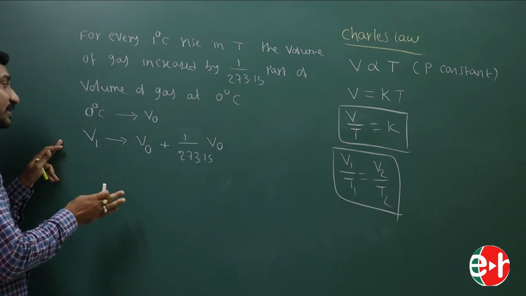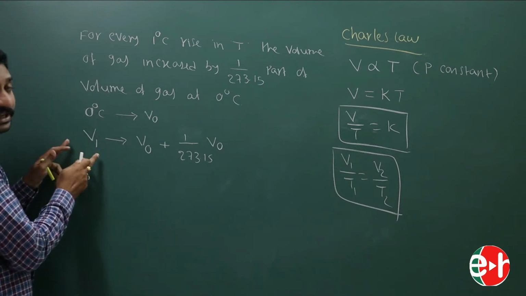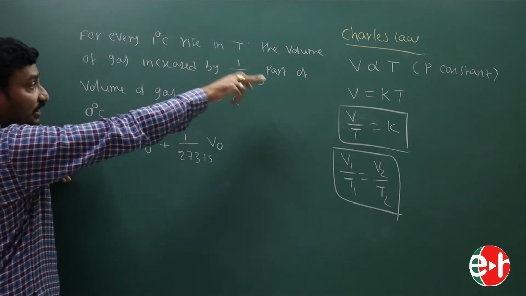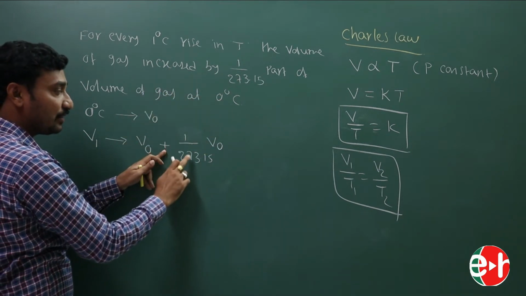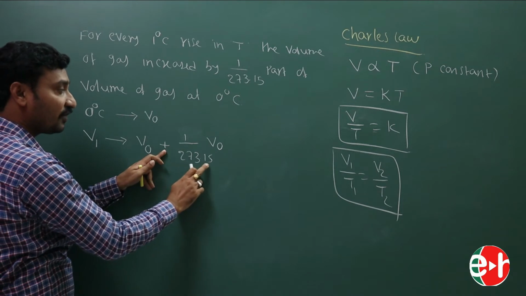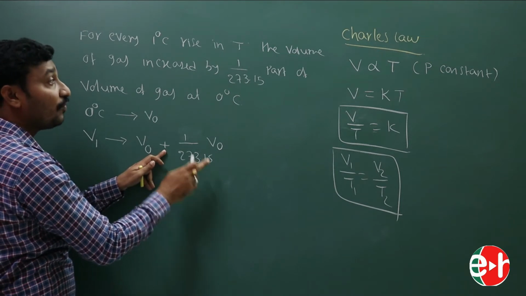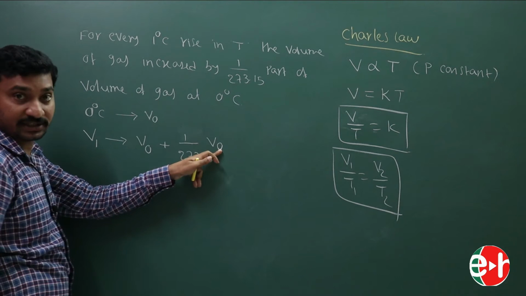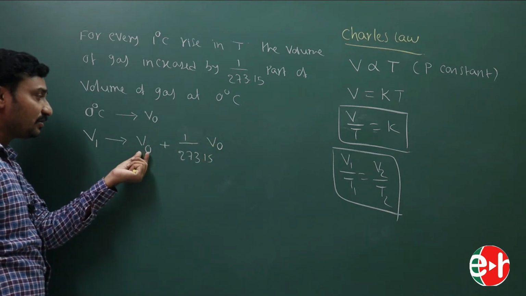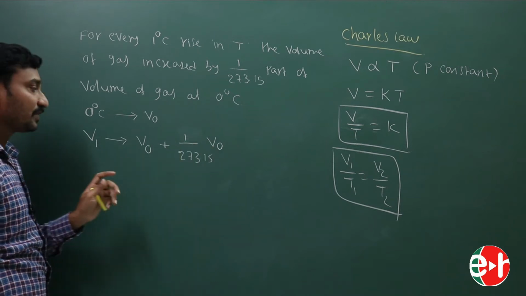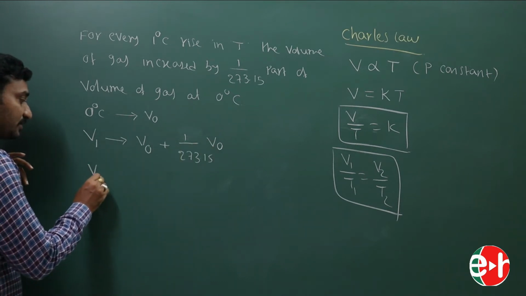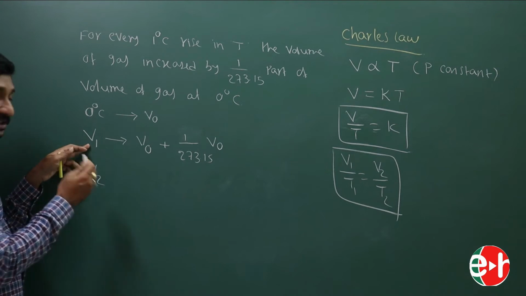Now I raise the temperature from 0 degrees Celsius to 1 degree Celsius. Then according to Charles law, the volume of gas increased by 1 by 273.15 part of the volume of gas at 0 degrees Celsius. So at 0 degrees Celsius V0, this 1 by 273.15 part increases. Now V2: rise 1 degree Celsius to 2 degrees Celsius.